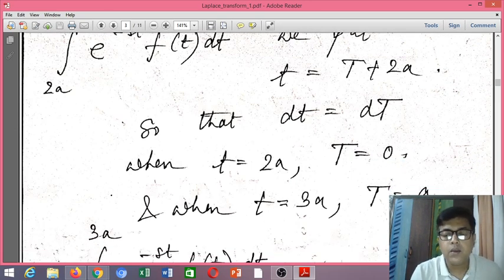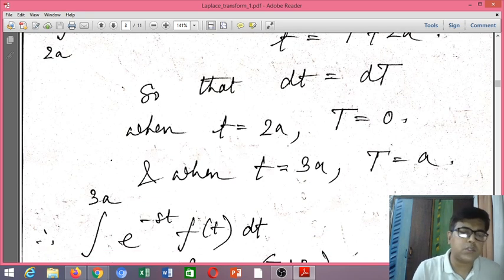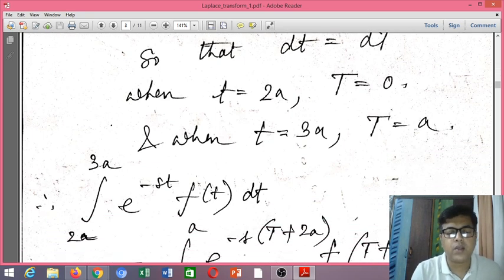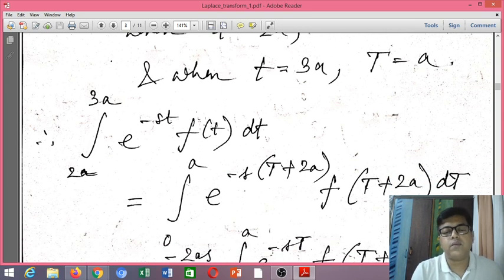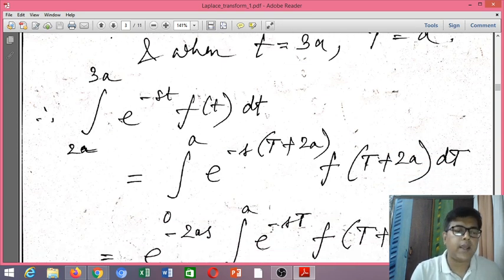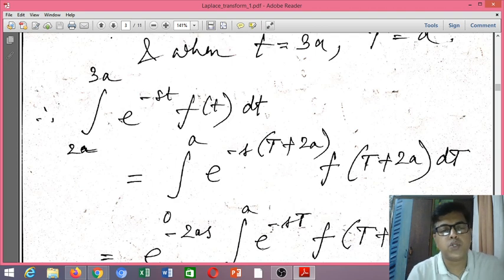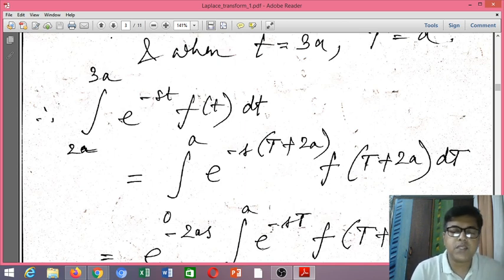So I put all those substitutions in the third integral, and this is what it now looks like: integral 0 to a of e to the power minus s(capital T plus 2a) into f(capital T plus 2a) dT.